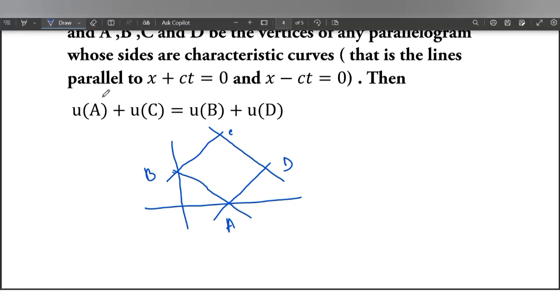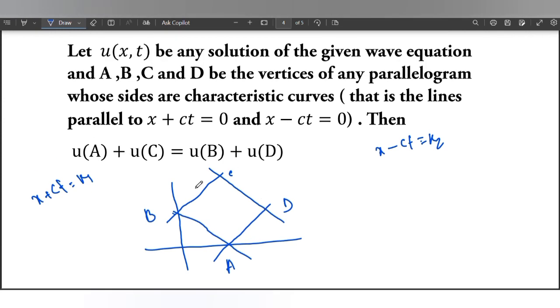The parallel line of x plus ct equal to 0 is x plus ct equal to k1, and the parallel line of x minus ct equal to 0 is x minus ct equal to k2. This is the picture of this theorem. So from this theorem we can easily see that u of a plus u of c equal to u of b plus u of d.